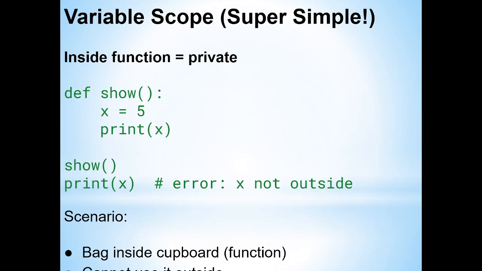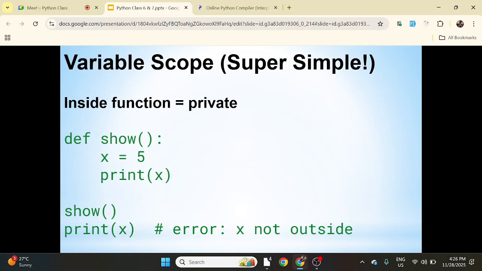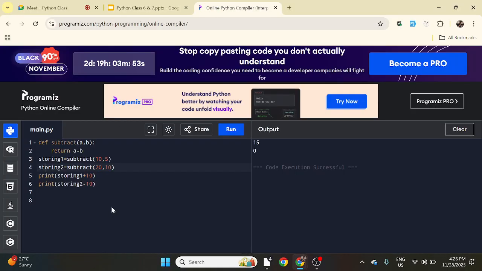Variable scope. What is meant by variable scope? See, now you create a variable which is inside your function, right? Due to this indentation we can understand this x is inside this function. Suppose I want to access this x outside of my function, it will give you an error. I will show you why.